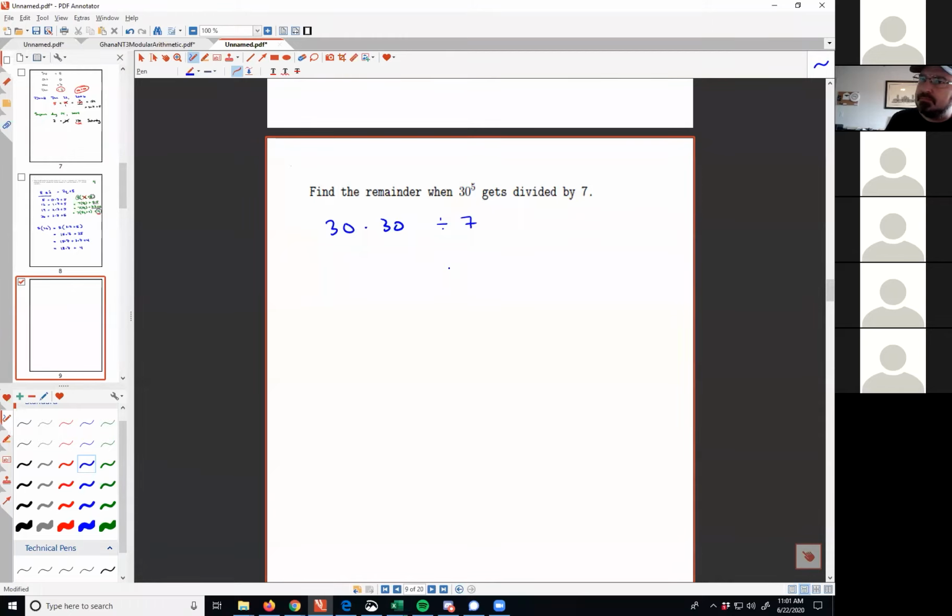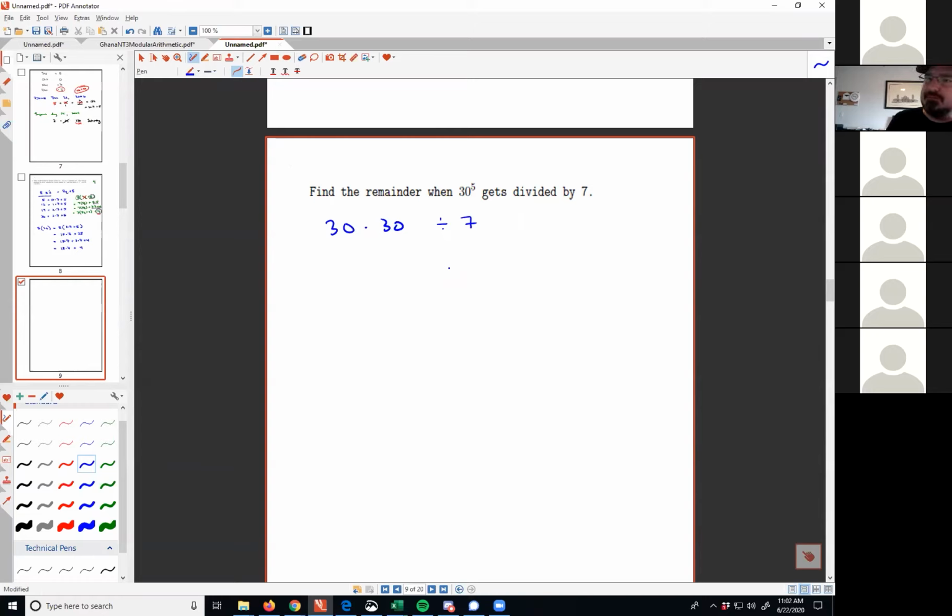Good. How can we use that? You get a remainder of 2. So if it's 30 raised to the power 5, it means you have to multiply the remainder by itself 5 times.